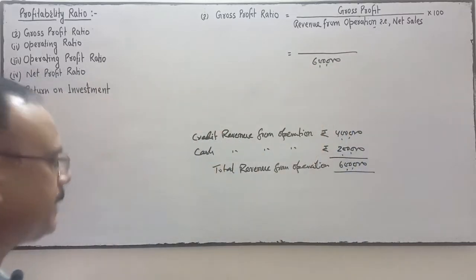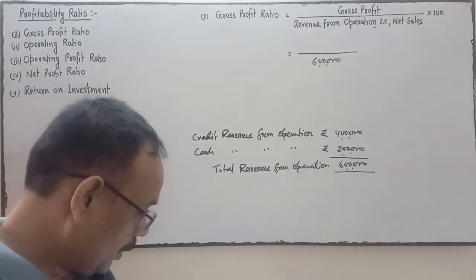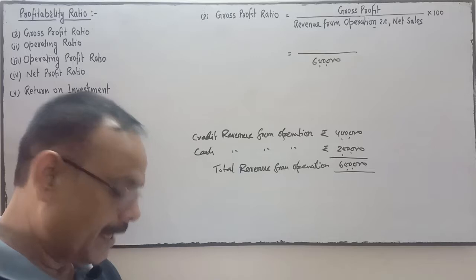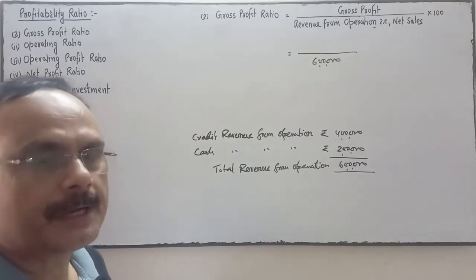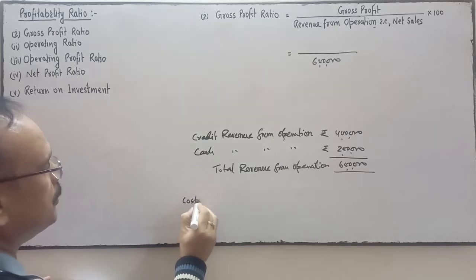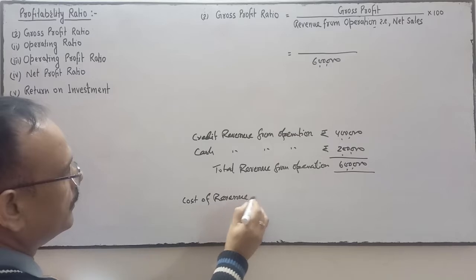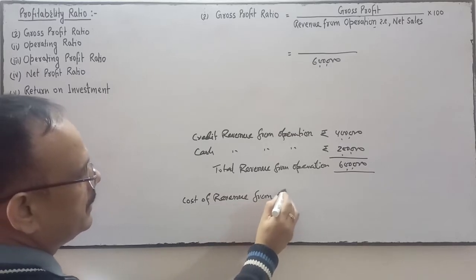Another information has been given that gross profit ratio is 25% of cost of revenue from operation. Suppose cost of revenue from operation is 100.